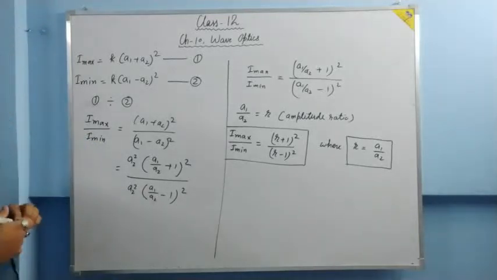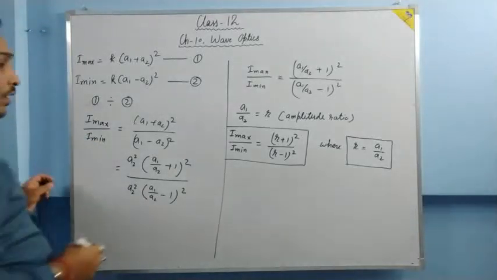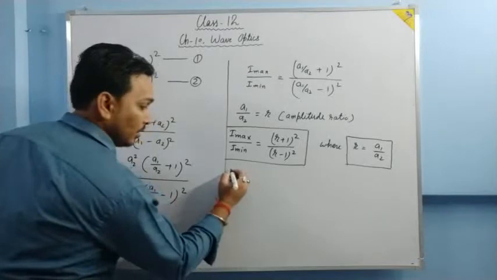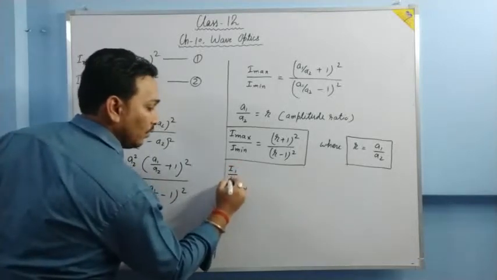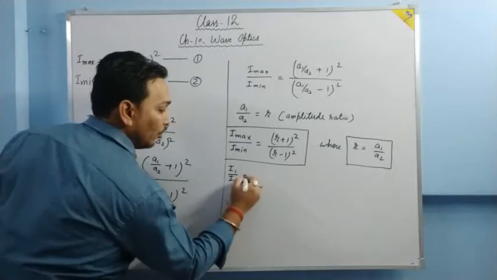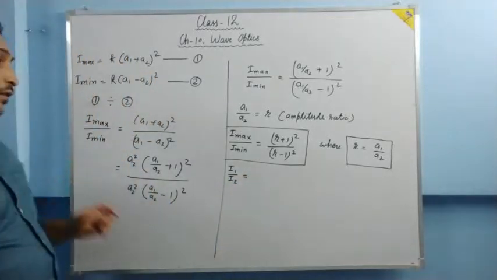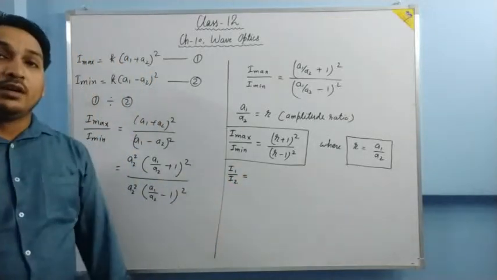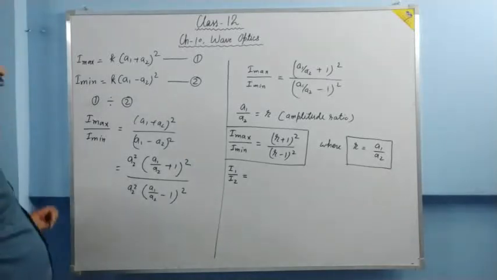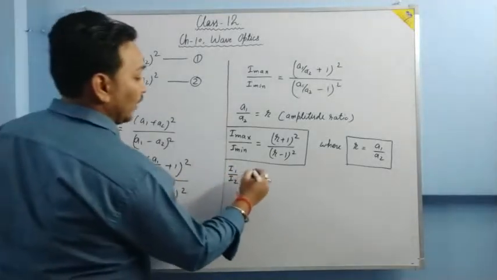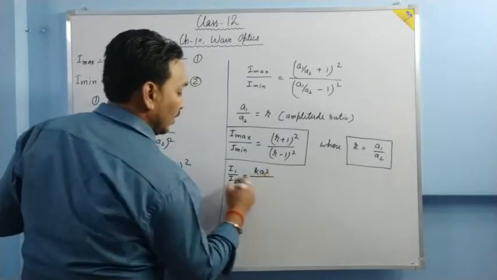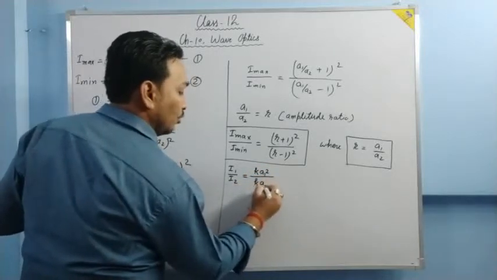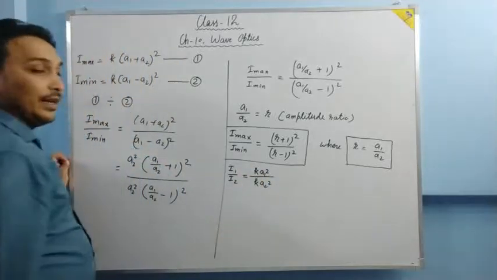So more things I want to add in this, and that thing is try to understand it. If we take the value of I1 upon I2, what the value will be? In place of I1 we can write K A1 square. In place of I2 we can write K A2 square. K and K will be cancelled out.